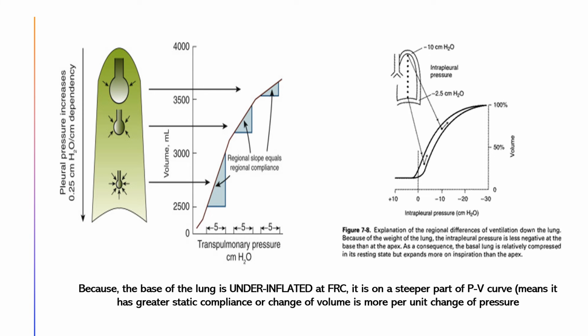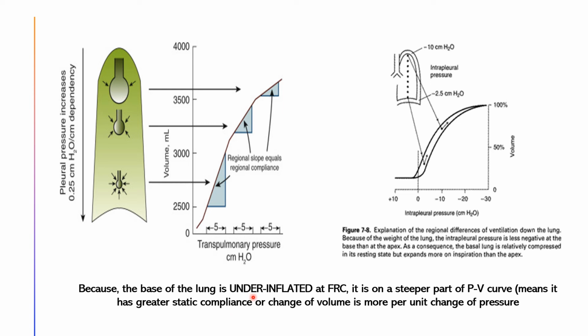Now we can see that the base of the lung, as it is underinflated at FRC, lies at the steeper portion of the pressure volume curve.